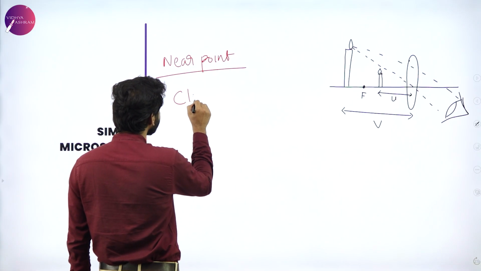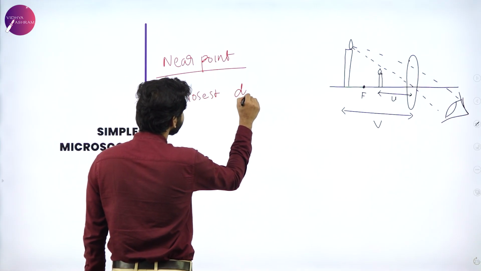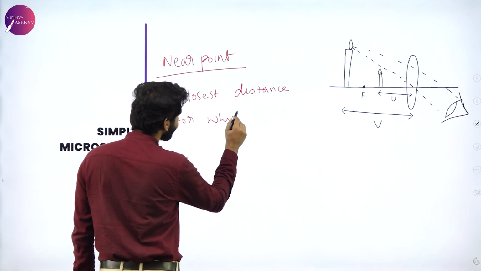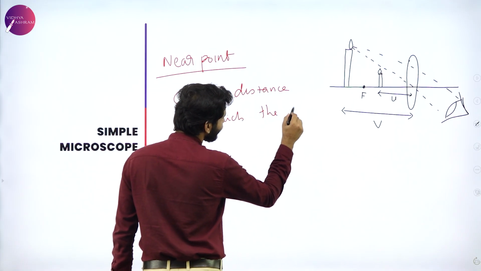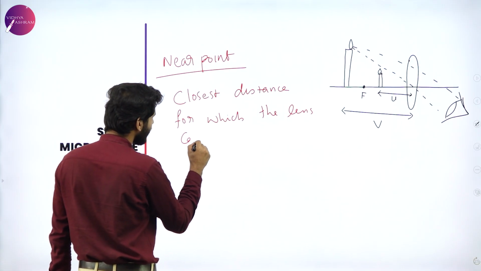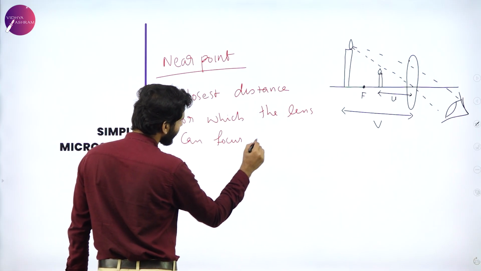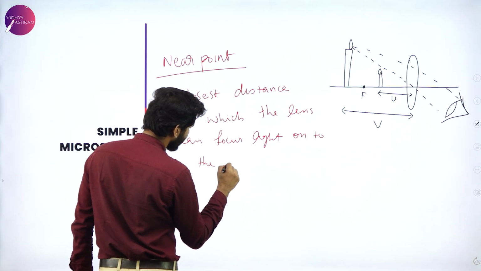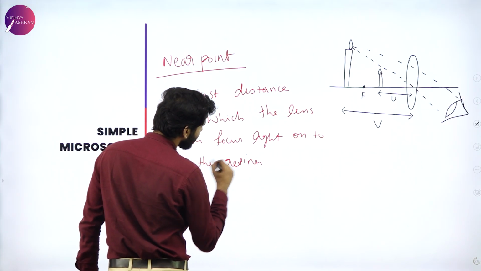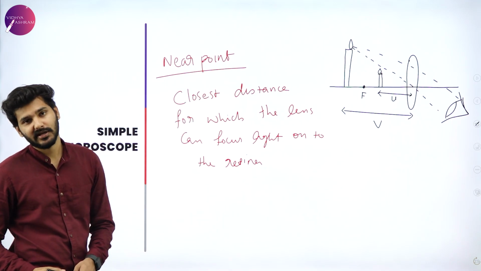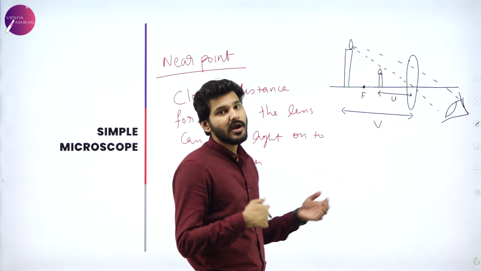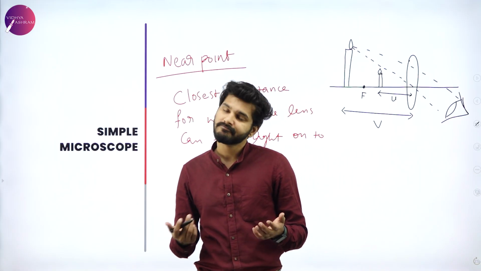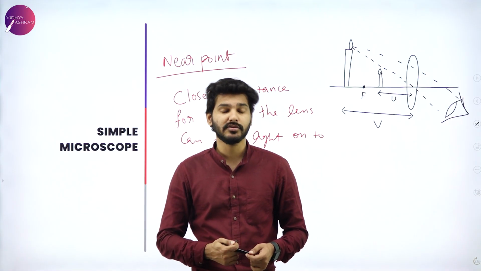So near point is nothing but the closest distance for which the lens can focus light onto the retina, and generally it is considered to be 20 centimeters for adults, and for children it is around 15 centimeters, but that can vary according to individuals.